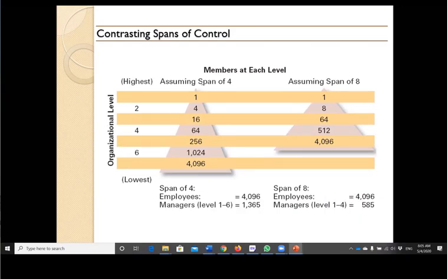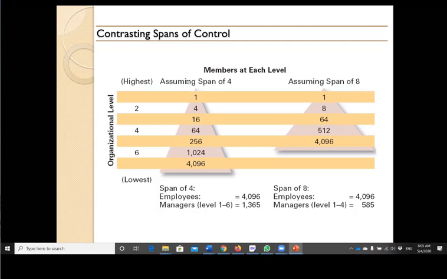Right. You can see from the figures here, there are two figures: one with a span of control of 4 and another with a span of 8 people. And you can see the number of managers to be used in the organization in different scenarios.